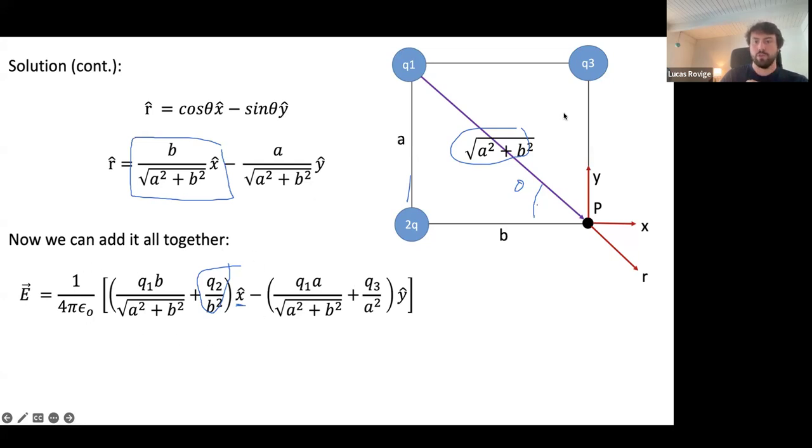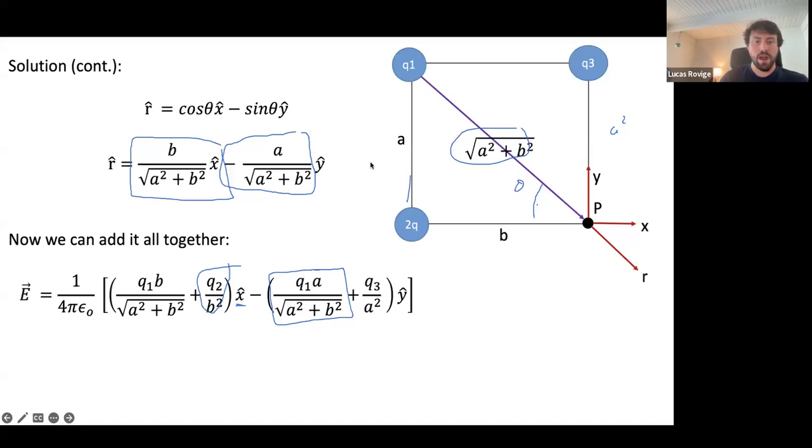There's also a contribution in y from both Q3 and part of Q1. For Q3, it's pretty straightforward, just Q3 divided by the distance a square. And then this term is the vertical contribution of Q1. That gives us our total electric field here.